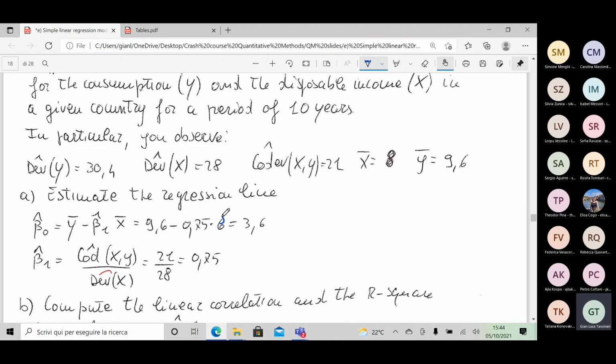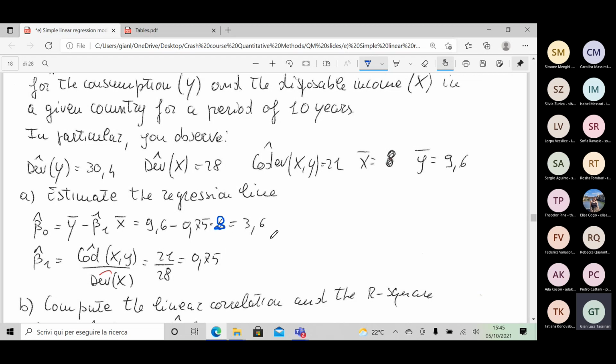I think I did the computation rightly because I explained the same lecture a couple of days ago in Forli, and I checked at the time. So I wrote 6, but it's 8, and the computations are right. So 9.6 minus beta 1 hat times 8, and you get this number.